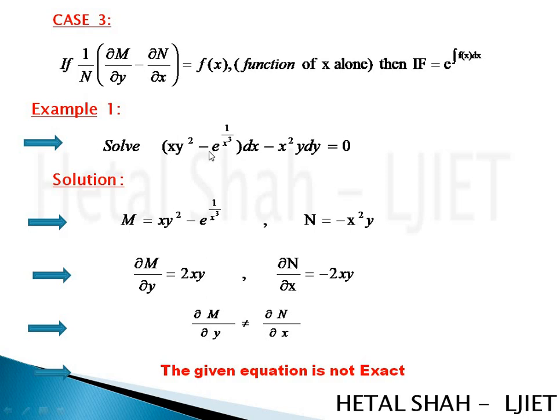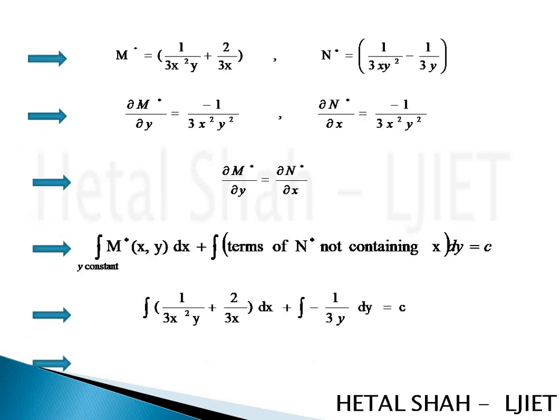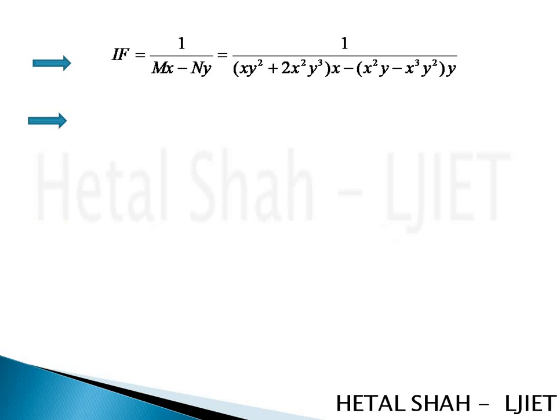So what case do we apply here? For that, first we check whether our given differential equation is homogeneous. No, it is not homogeneous. It means we can't apply case 1 here. Next, does our given differential equation have the specific form of a case 2 problem?